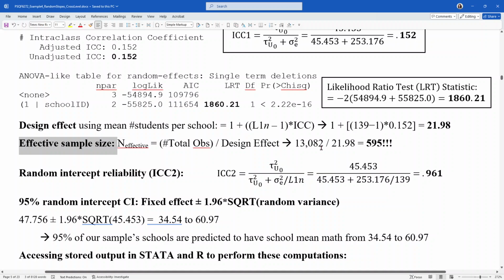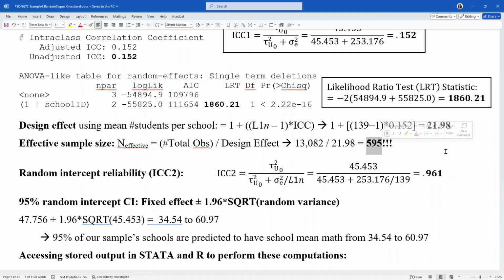But really, because of the intra-class correlation of 0.15, and because of the large number of kids per cluster, we don't have 13,000 unique pieces of information. We have a lot less than that. So the design effect is actually 22, meaning that instead of having the power for 13,000 students, we have the power for 595. So that's quite a difference.